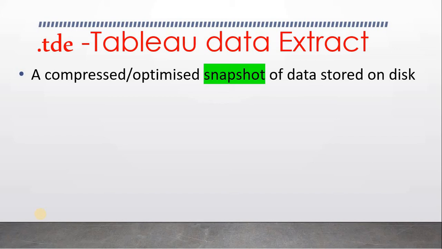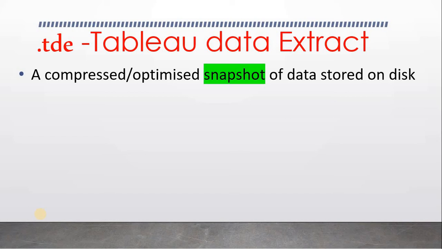A snapshot means we are analyzing data, but in the middle, when we finish, we create that extract. Snapshot means that it is specific to time and the type of available data at that time, and the available analysis for that specific moment. So we create what we have worked on so far, and that will be compressed and optimized by Tableau.